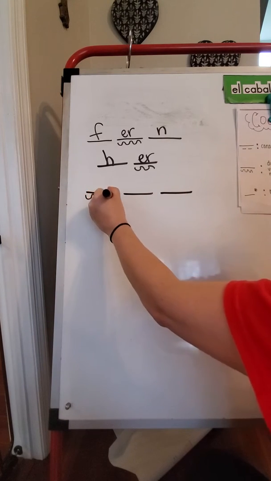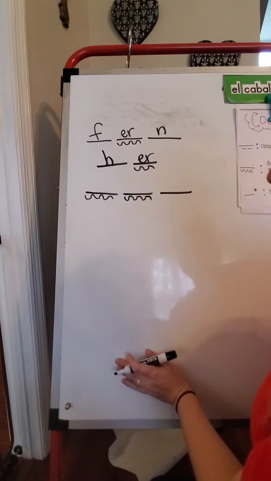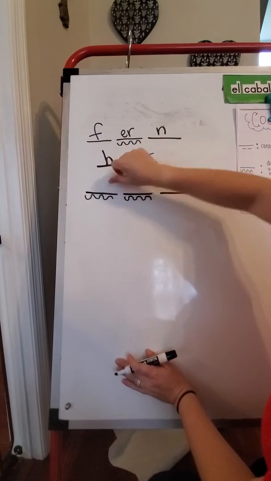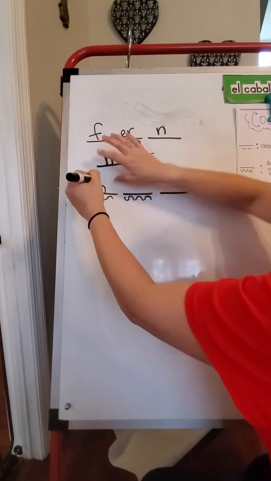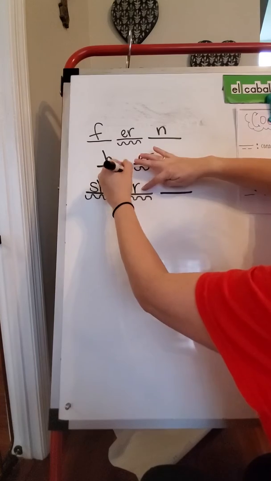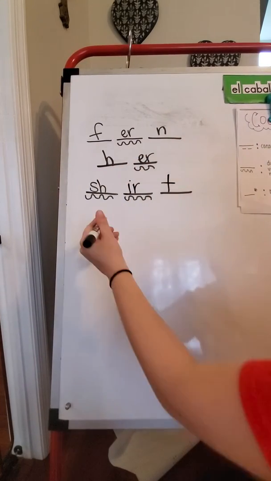So I've got 2 squiggles. This word is shirt. Say the word. Shirt. Tap. Sh. T. Sh. T. Shirt. Next word.